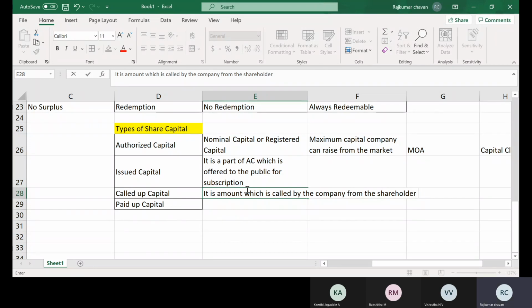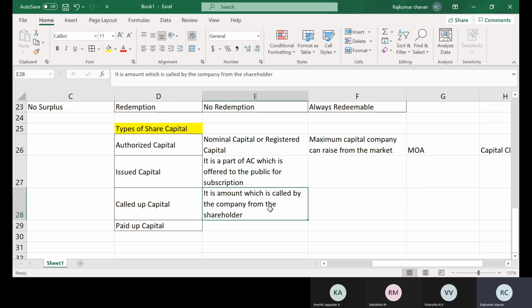The company requests them to make the payment. This is nothing but called up capital. So called up capital is once again a part of issued capital.